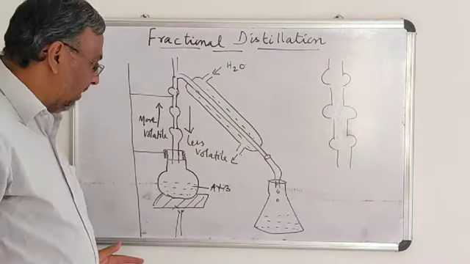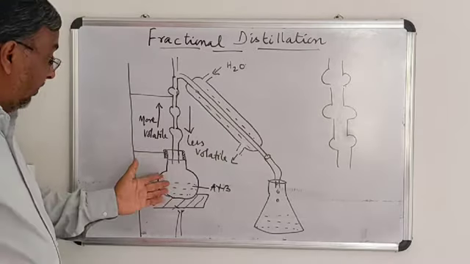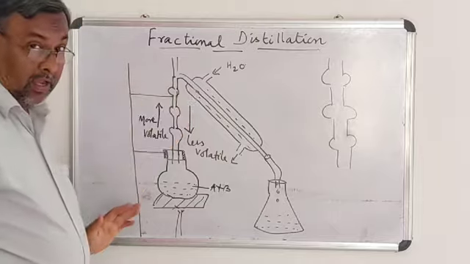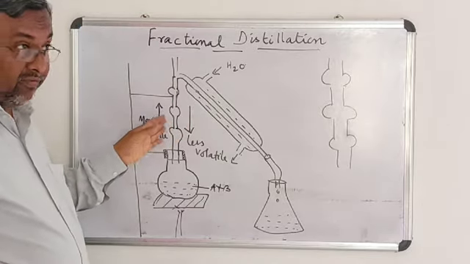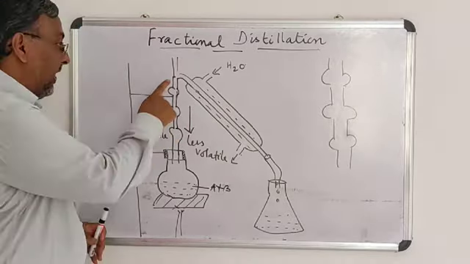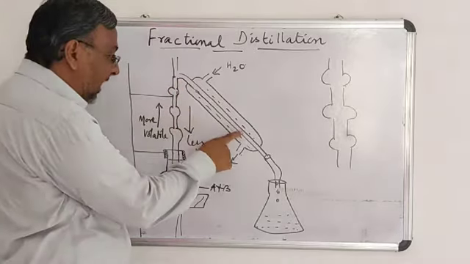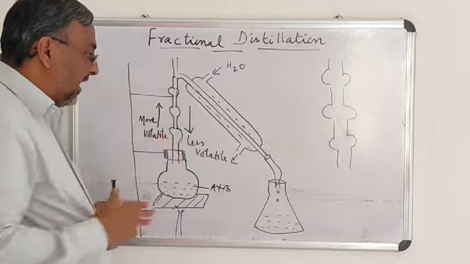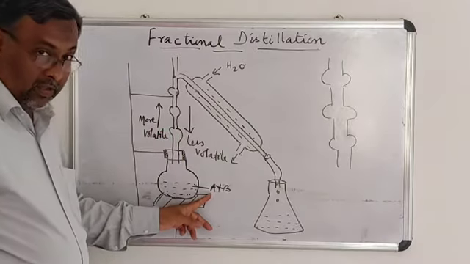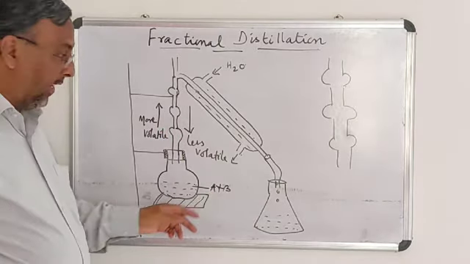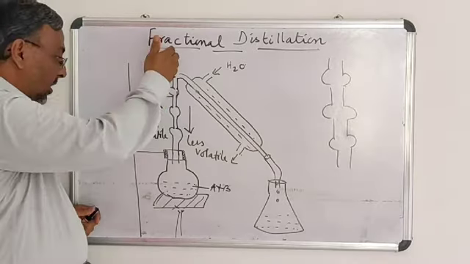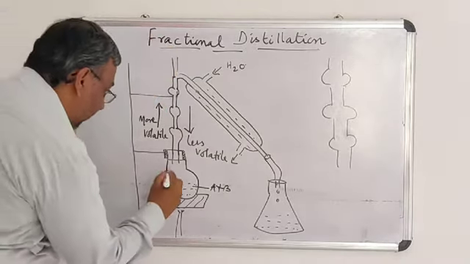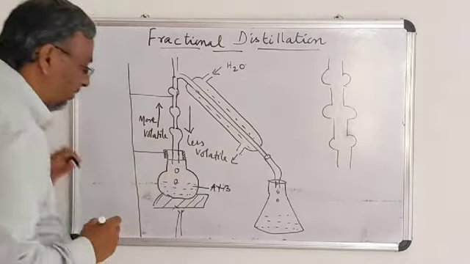Finally, the liquid which is less volatile gets condensed and cools down readily in the fractionating column and will flow down again inside the round bottomed flask.